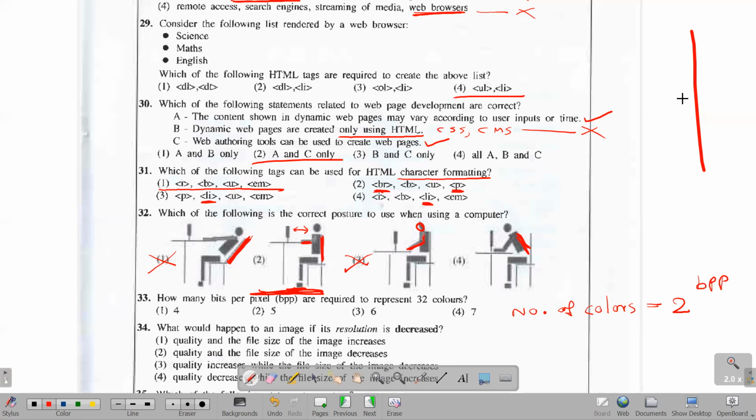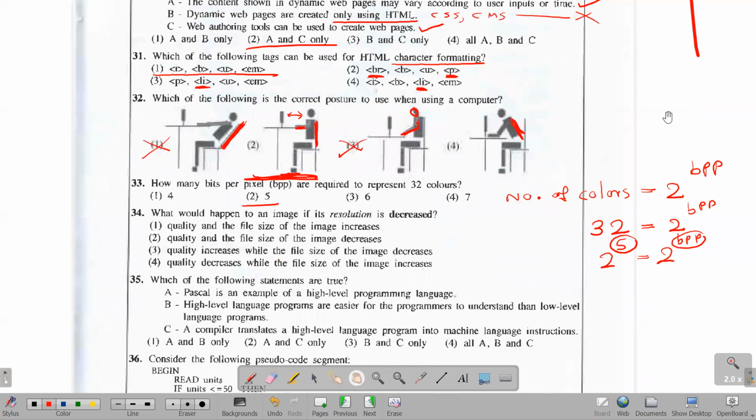Seran, it's not 6, it should be 5. 32 equals 2 to the power BPP. 32 means 2 to the power 5. So BPP is going to be 5, right? Yes, the second one. Okay.